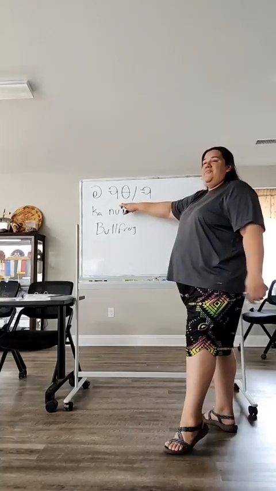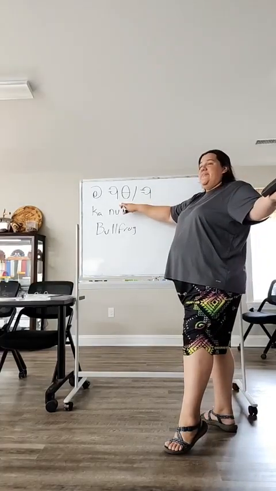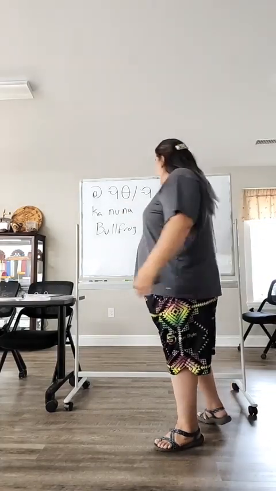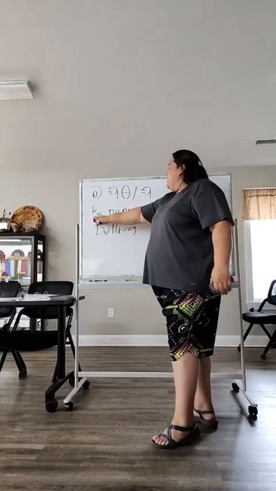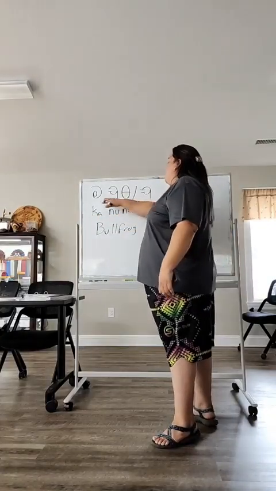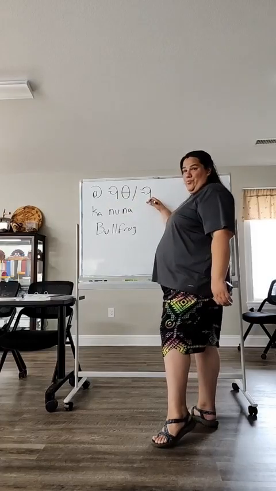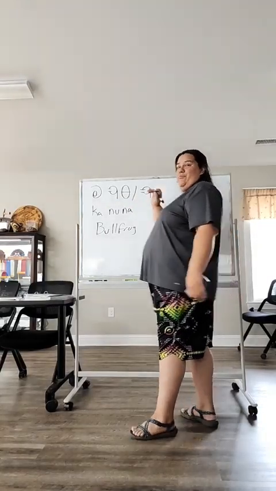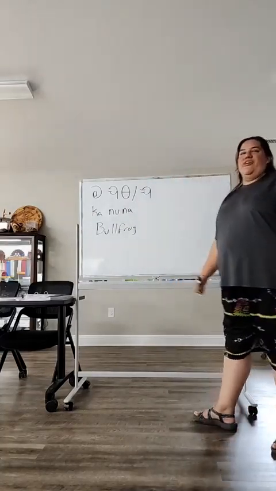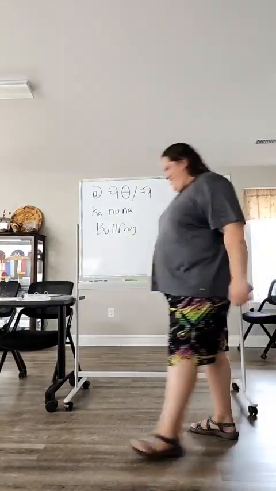If I hear kanuna, I know grandma's talking about dad sometimes, or dad's talking about grandma. That's one of those two. So, kanuna or kanunu. Just depends on who you ask. But that's our word for bullfrog. That's the big thing.